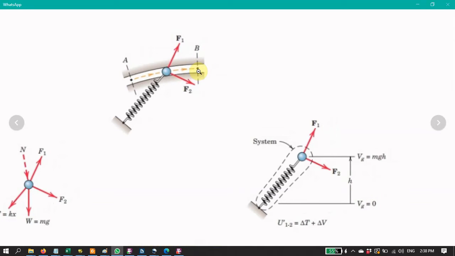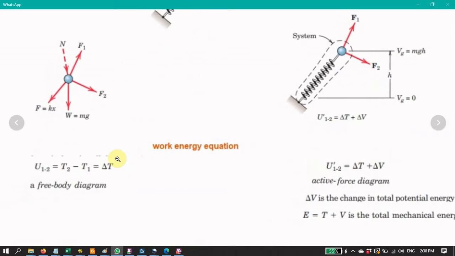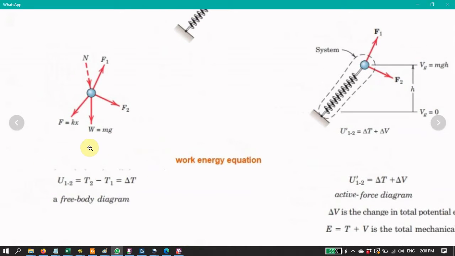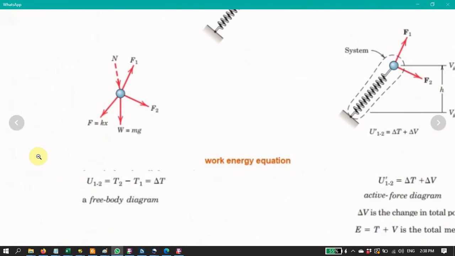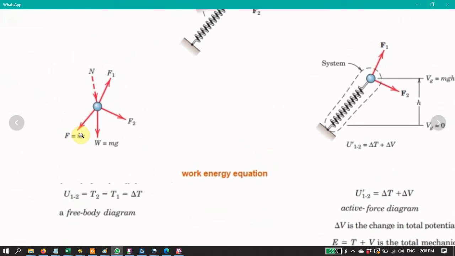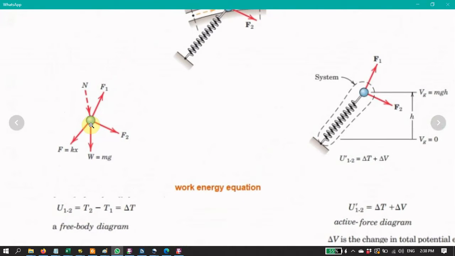When we want to use the work-energy equation or energy balance, the first method is based on the free body diagram. We need to provide all the forces acting on the body, including F1 and F2.